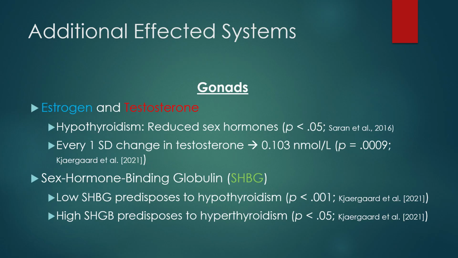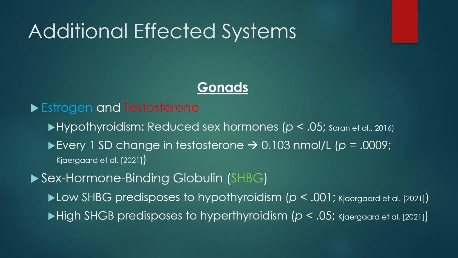Then also in the gonads, estrogen and testosterone have demonstrated changes in the presence of altered thyroid function. So in hypothyroidism, you tend to see reduced sex hormones. So estrogen and testosterone, male or female, these sex hormones do see a reduction.